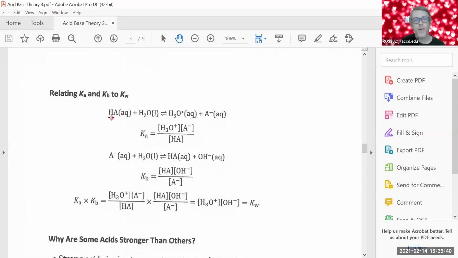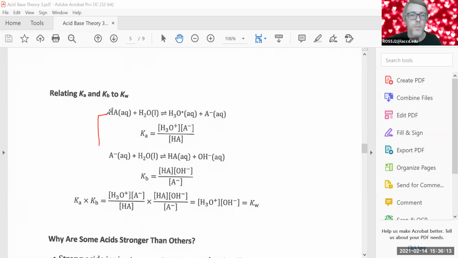But just quickly, if you take a generic equation, HA plus water to give hydronium and conjugate base, you can write the law of mass action expression or the acid dissociation expression, Ka. Then if you take the conjugate base and hydrolyze it to generate a Kb expression, whenever you add equations, you take the product of K values. So I won't belabor it, but I'll just briefly summarize.